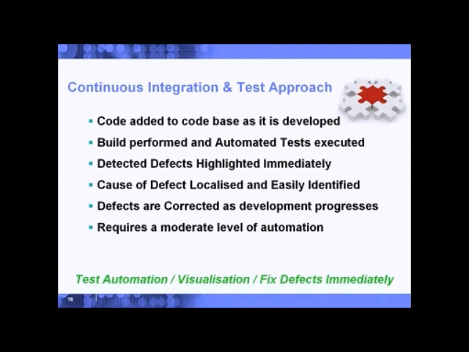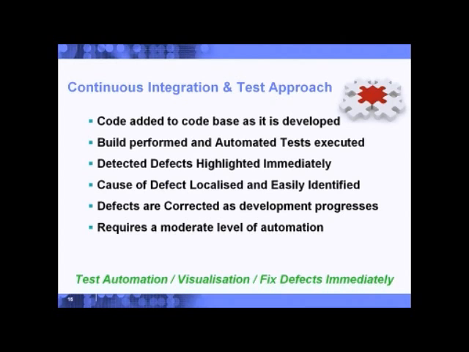So good visualization of problems and good reporting, clearly something which needs to be supported in this approach. Benefits of that, well, hopefully we can localize and identify the problem much more easily because we know what we've just done in terms of submitting code to the code base as we've done it. We have to look at adopting a fixed defects immediately approach to this so that as the defects are identified, work out what the problem is, fix the code, rerun the tests, and make progress.